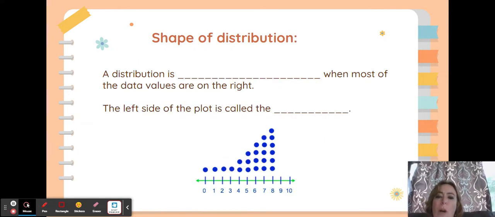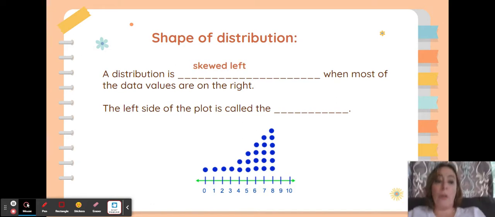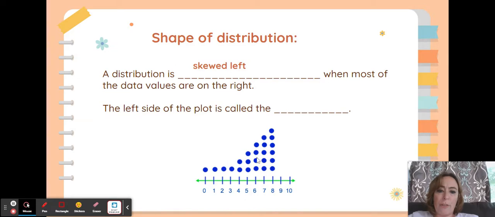Okay, now we're going to talk about what we call the shape of a distribution. So what shape does it kind of make? A distribution is skewed left. Listen to that. Skewed left. That's a weird word we don't hear a lot. So when most of the data values are on the right, okay?